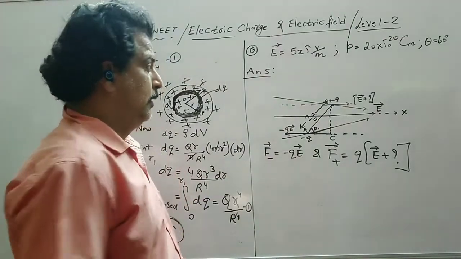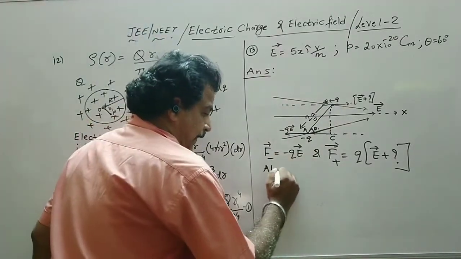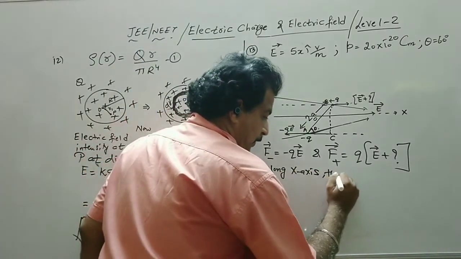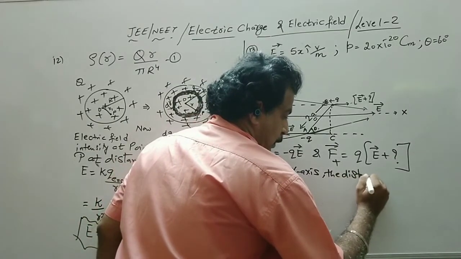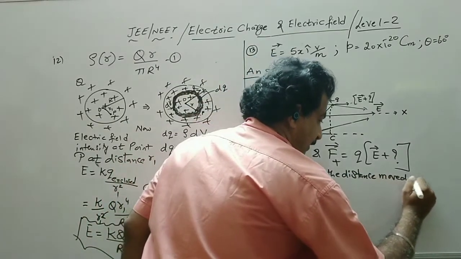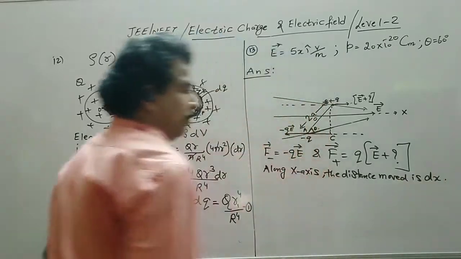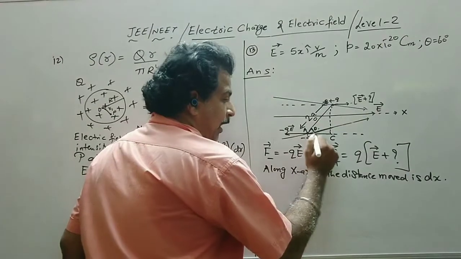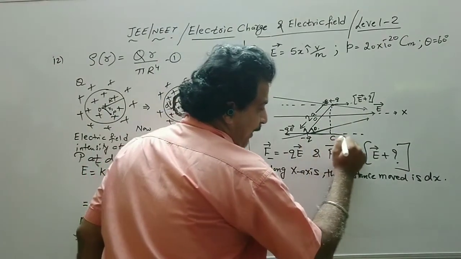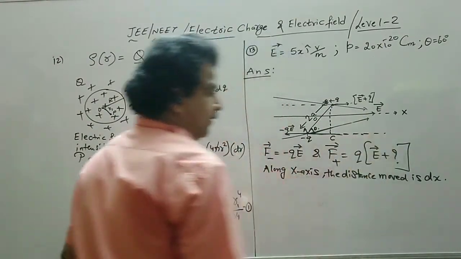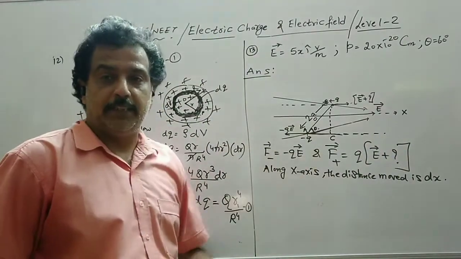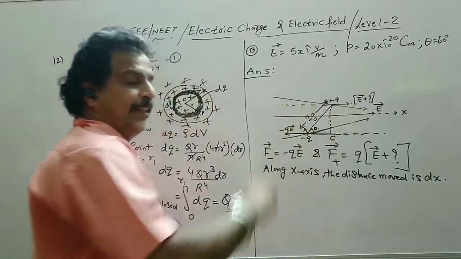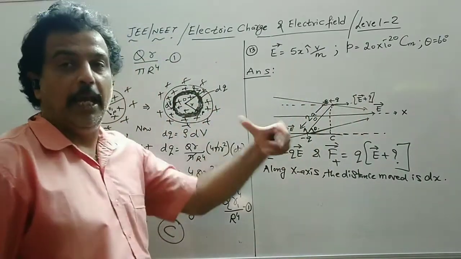Now suppose along the x-axis the distance moved is dx. Suppose I have to move along the x-axis, so from point A, I am moving along the x-axis. This point A, C is on the x-axis. If I move a small distance, say dx, the field will increase by dE amount.